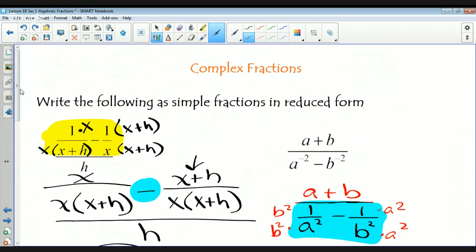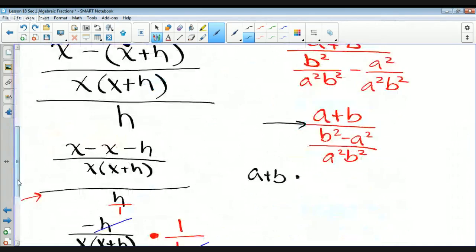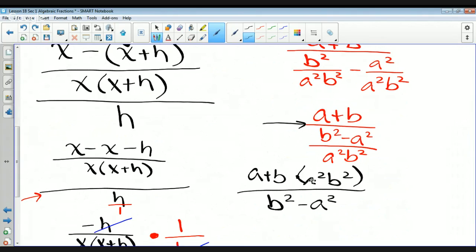Everybody remain calm. All right. So we're going to flip the denominator, so it's going to be times A squared B squared all over B squared minus A squared. You may want to put this in parentheses and this in parentheses, right?